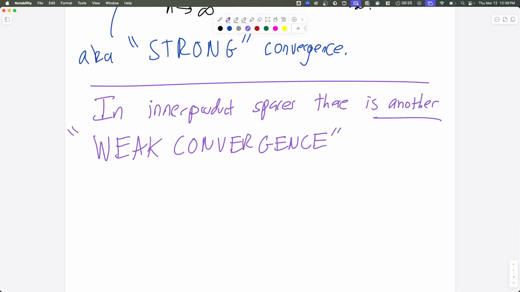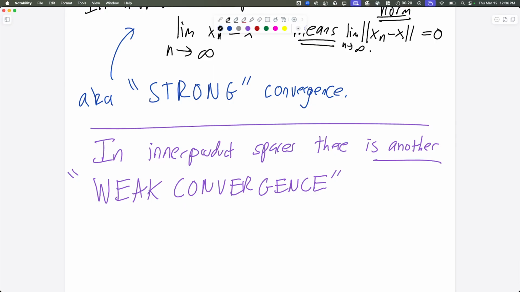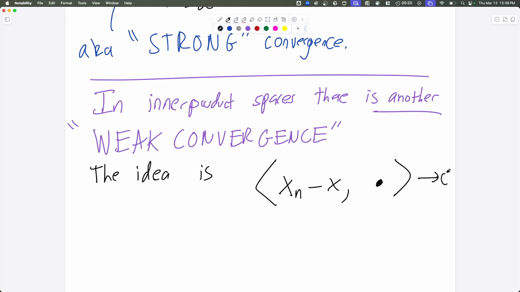Weak convergence. Here's how I think about weak convergence. In strong convergence, it's the norm. In weak convergence, it's sort of saying the inner product of the thing that you're taking the limit of will converge. So very vaguely, the xn's are not converging in norm. It's not that the norm of xn minus x is going to 0, but the inner product of xn minus x with something is going to 0. I have to tell you what I mean by this.